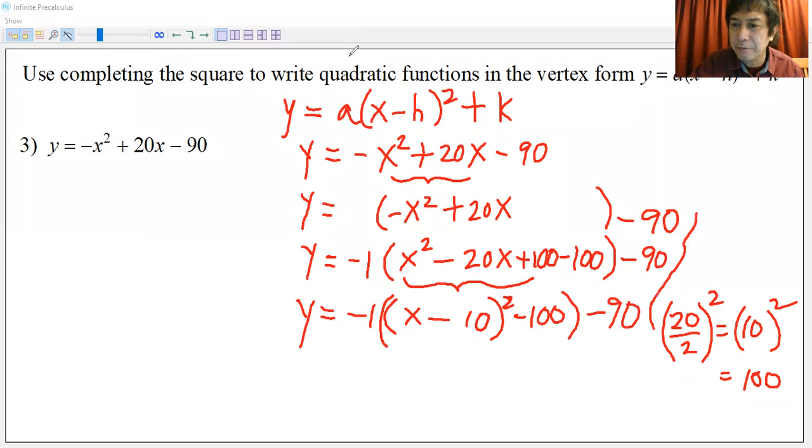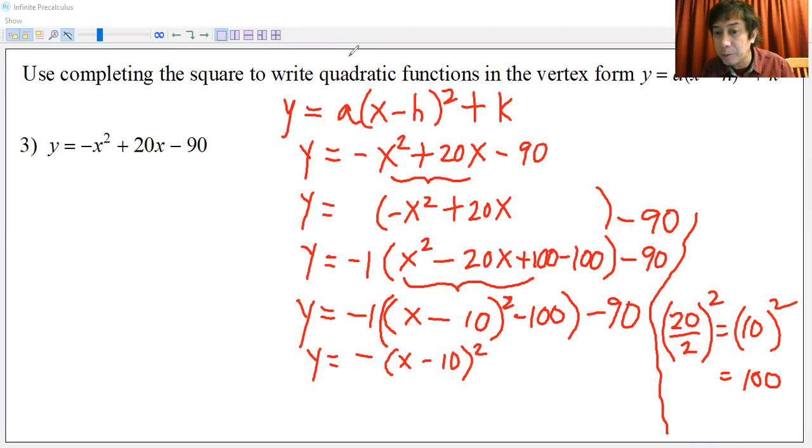We can put a fence over there, that's a separate computation. In the next line, we multiply back the negative 1. So this will become negative x minus 10 squared. The negative 1 will be multiplied by the negative 100, giving you a plus 100, and we still have the minus 90. No more outer parentheses there.